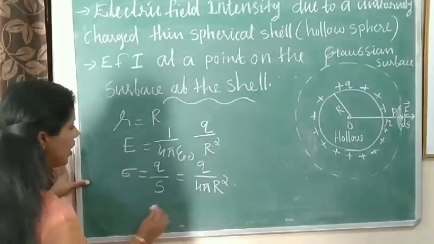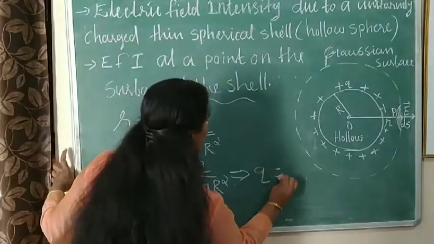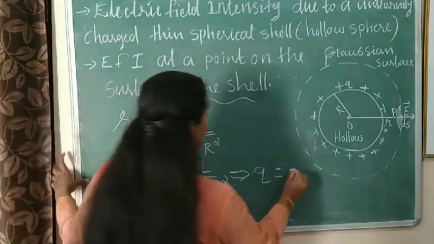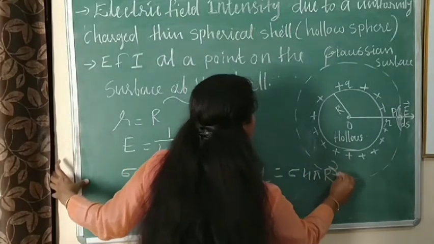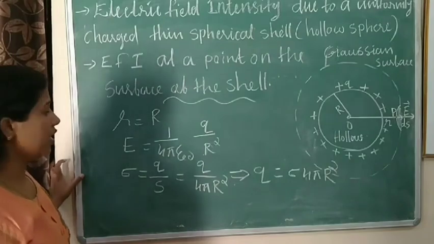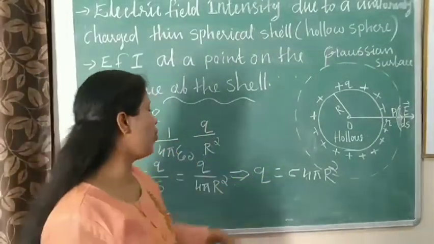Then we can calculate q as sigma into 4 pi R square.